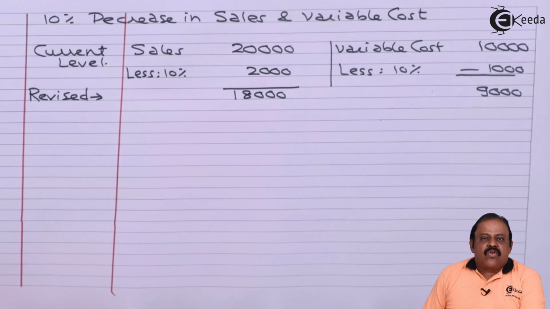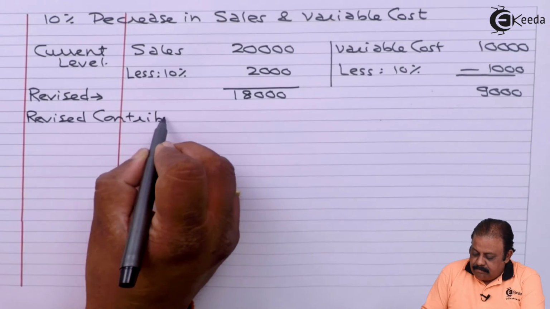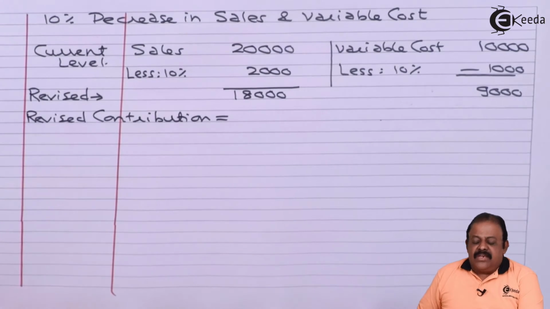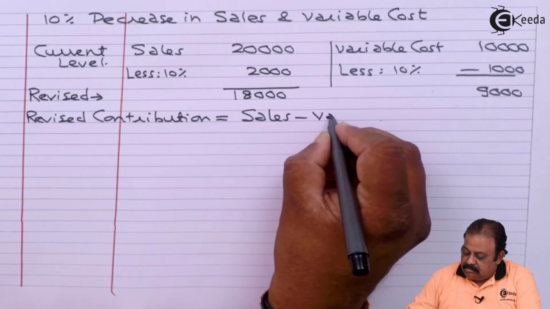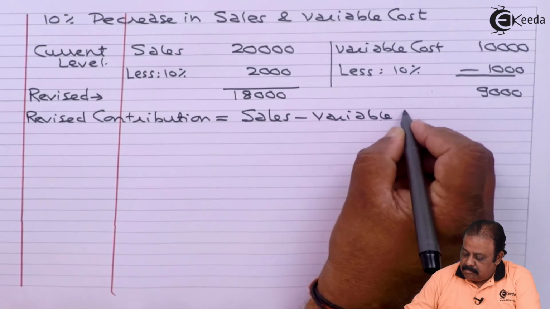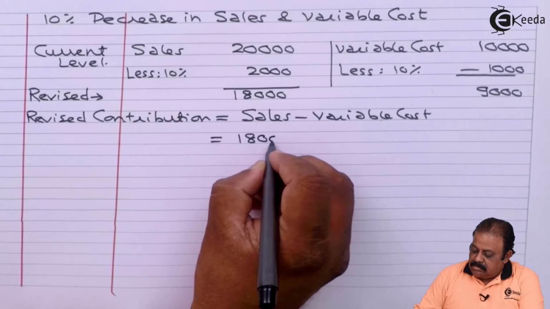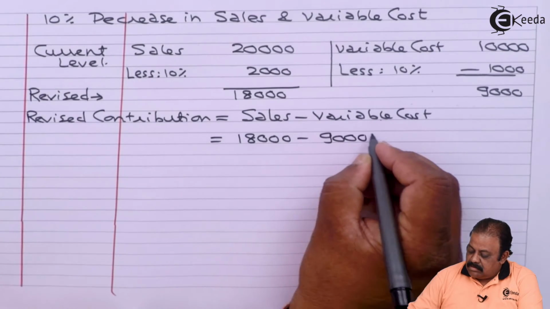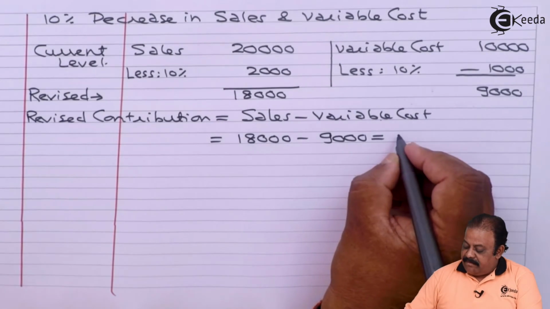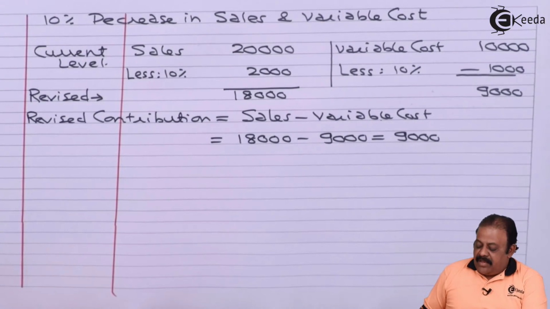Now we'll find out revised contribution. Revised contribution is equal to revised sales minus revised variable cost. Revised sales is 18,000. Revised variable cost 9,000. So revised contribution we have 9,000. We can proceed to calculate PV ratio.